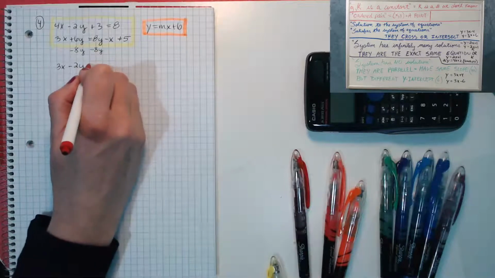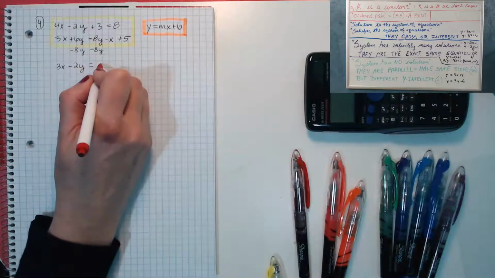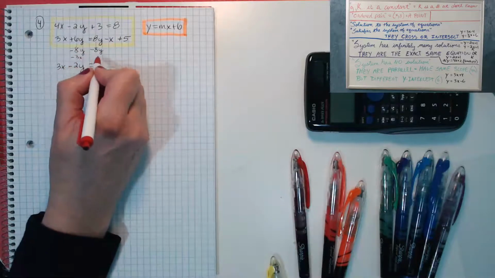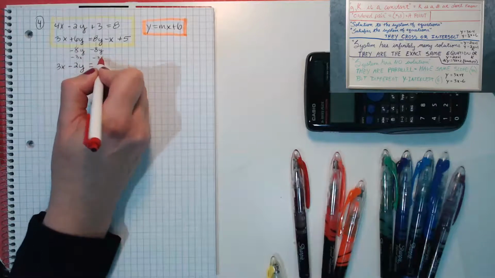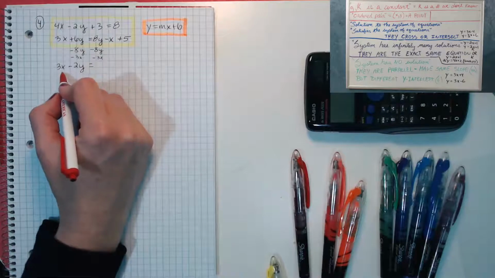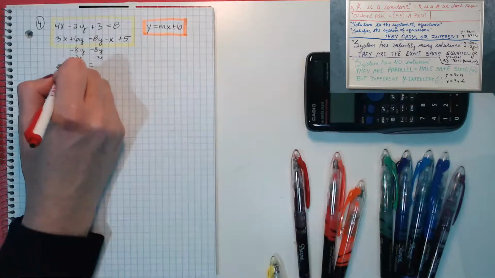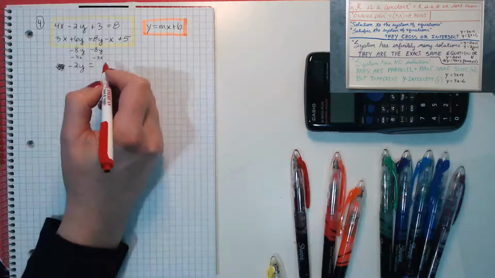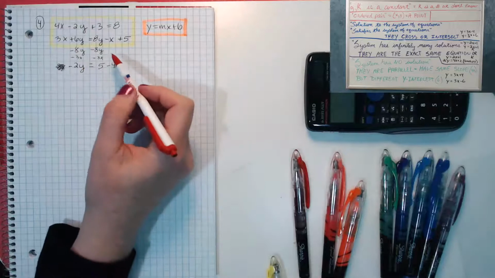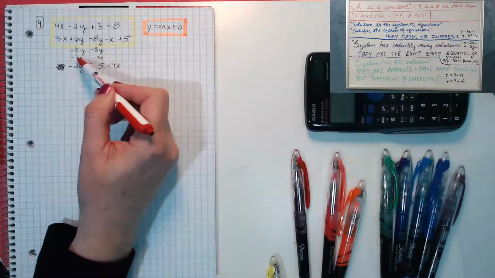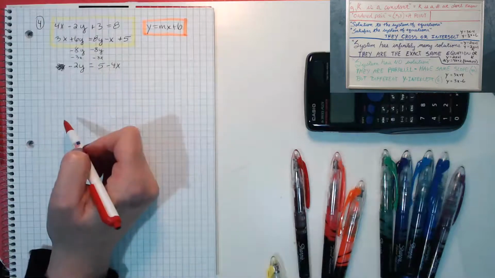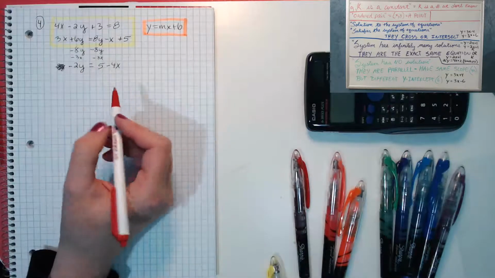Minus 2y equals, I'm also going to subtract 3x from both sides. And then I will end up with minus 2y equals 5 minus 4x. See, that's a little bit of a shorter step. I went ahead and did two things in one. So I at least already have this going in the right direction, if that makes sense.